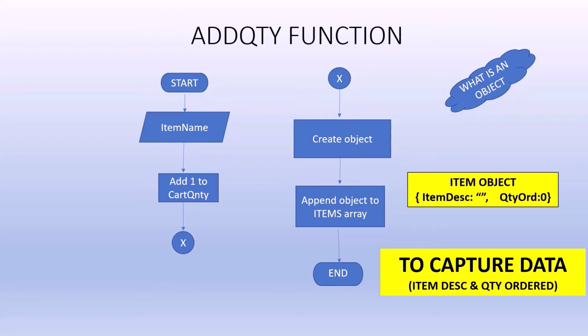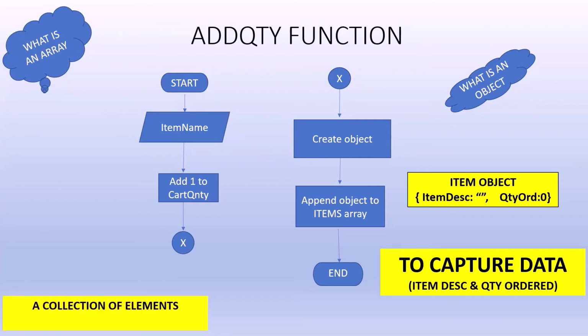Okay. Now, once the object is created, then we need to, as is written here, append the object to the items array. Now you may ask again, what is an array? And an array is nothing but a collection of elements. What are the elements here? The object we created.